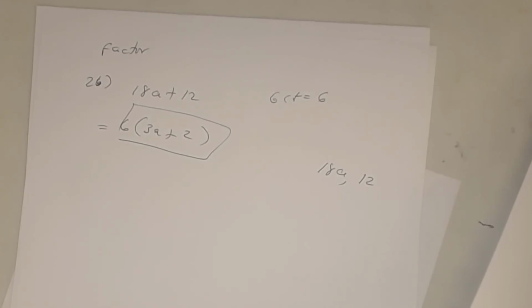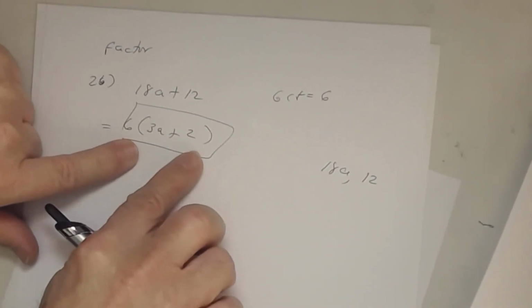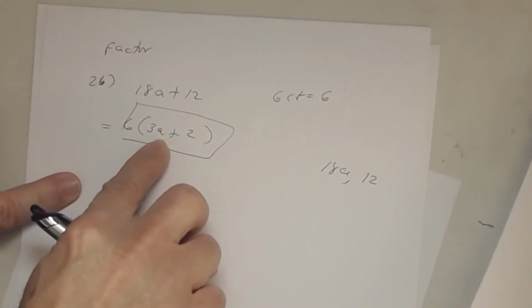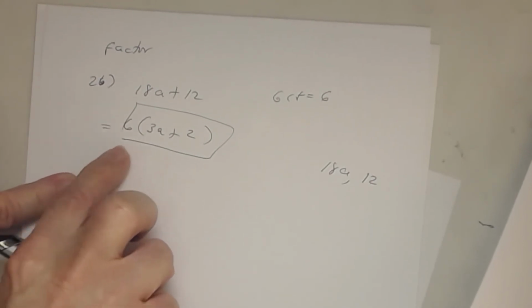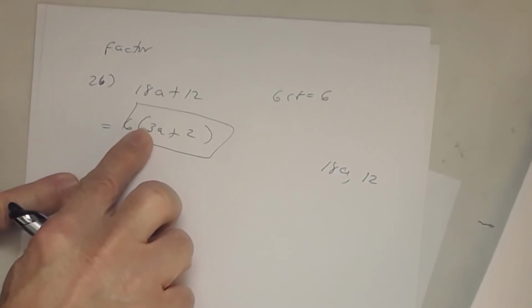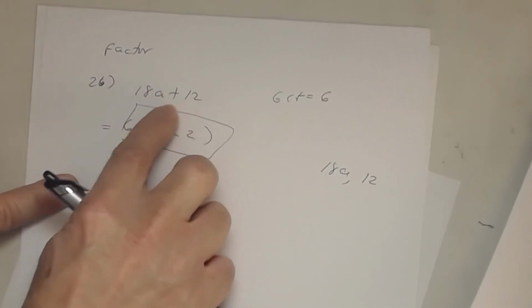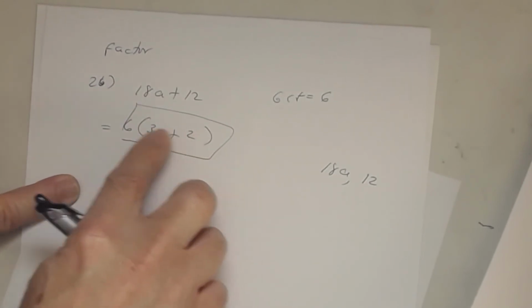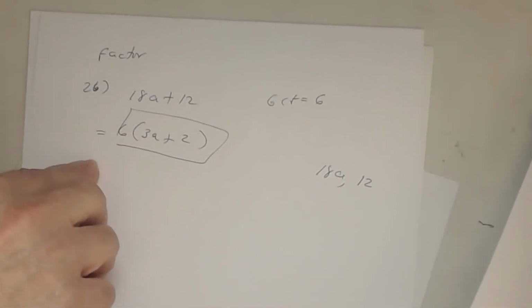Once you know the GCF, you put it out in front, put parentheses, and ask yourself, 6 times what is 18a? 3a. That's distributive property. 6 times what is 12? The answer is 2. Distributive property. So that's factoring.